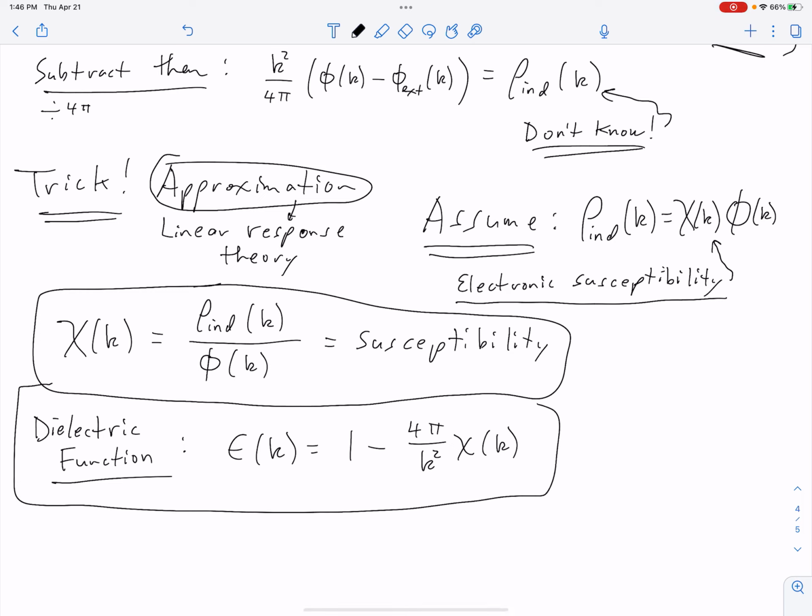I haven't given you any reason to know why these are useful, but let's think of this ratio, rho induced of k divided by phi of k. Let's call this ratio the susceptibility. All right, so that's a definition.